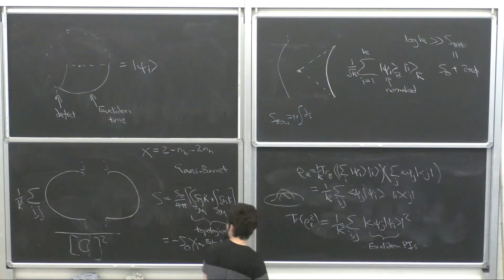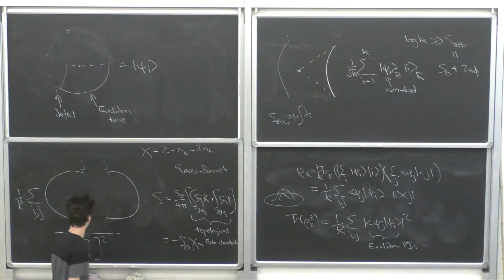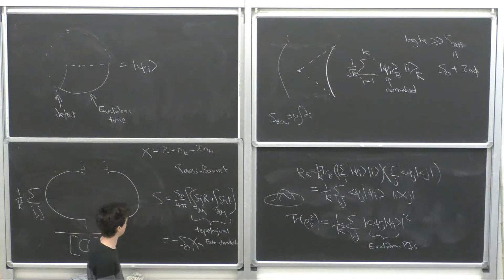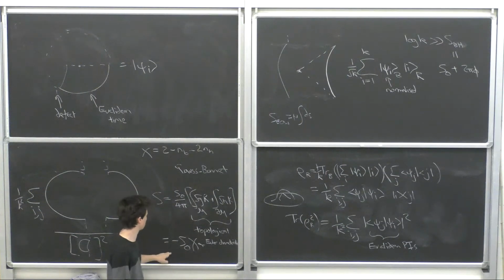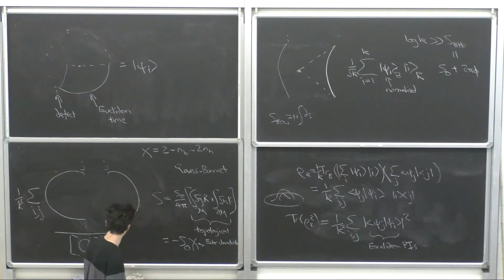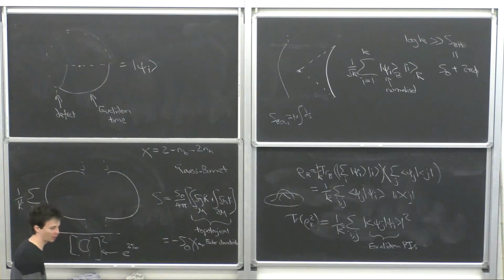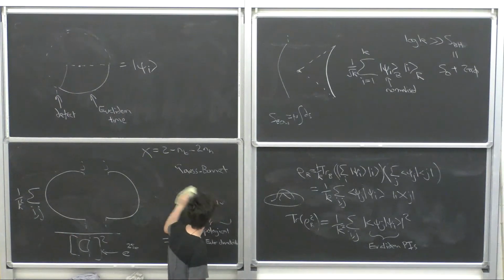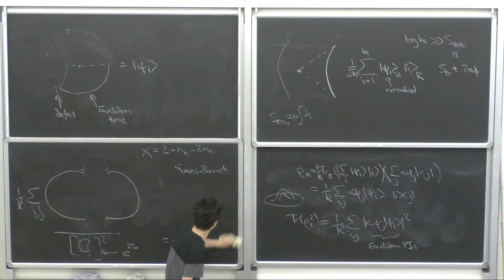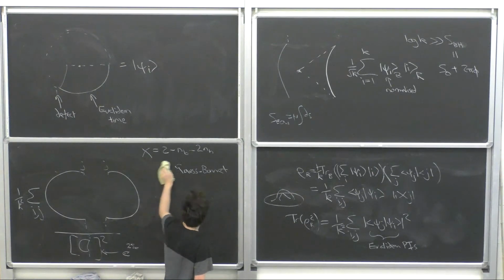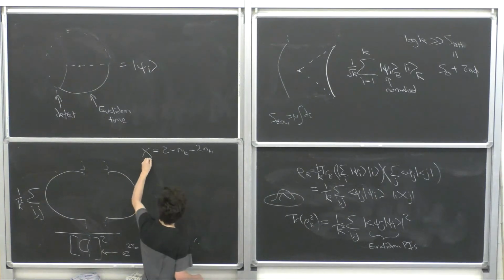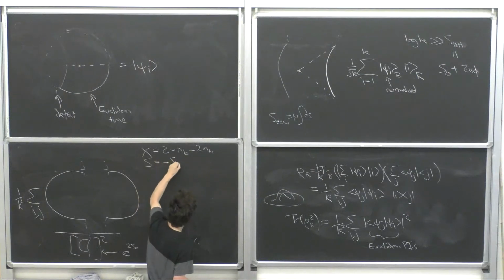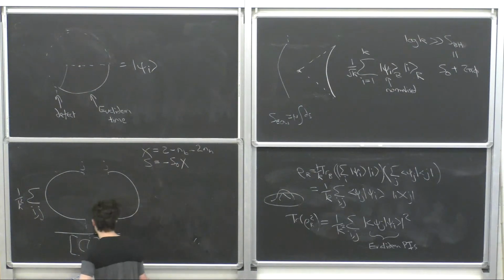Okay, so in this case, we have the disk, which has Euler characteristic of 1, so this action is minus S0, which means this thing is just e^(2 S0). Okay? So that's that normalization factor out of the way. I'll keep this up here, and S equals minus S0 chi for memory.